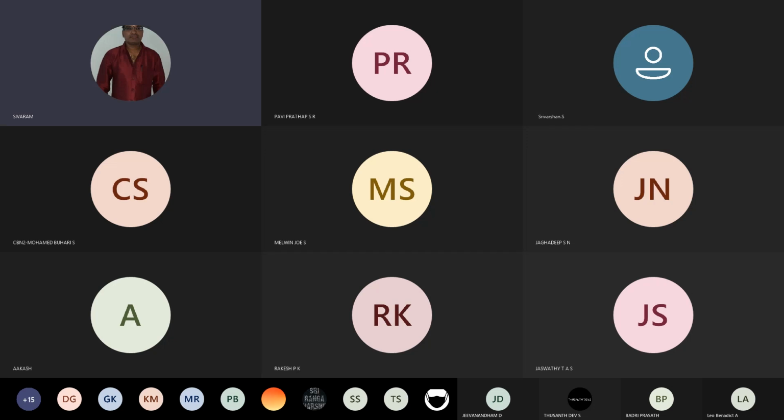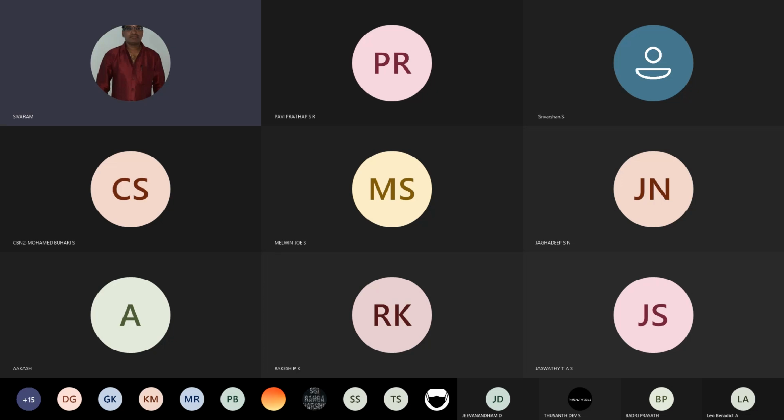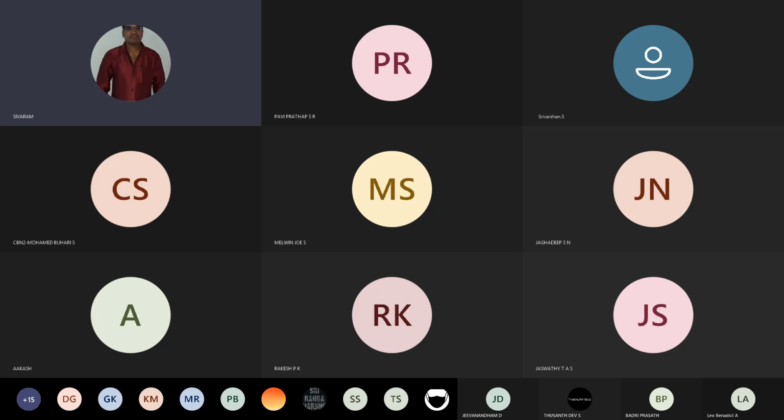The ovules represent the megasporangium. When you observe these ovules, the ovules consist of a tissue called the nucellus. That means inside the ovule, we'll find a tissue called the nucellus.